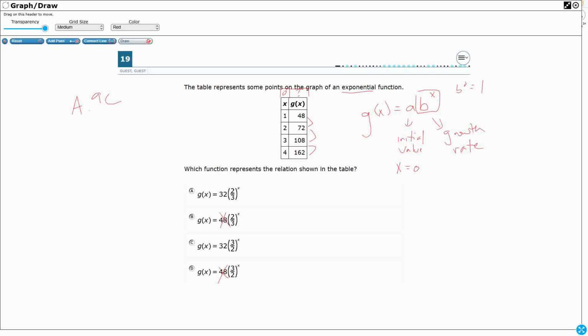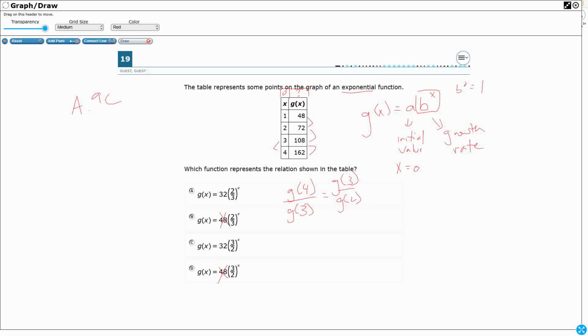What we can do is find the rate by dividing a term by the previous term. So we want to divide g of 4 by g of 3, or g of 3 by g of 2, and so on.